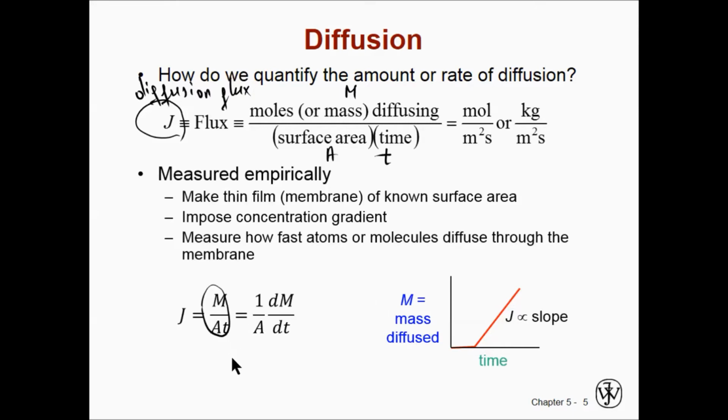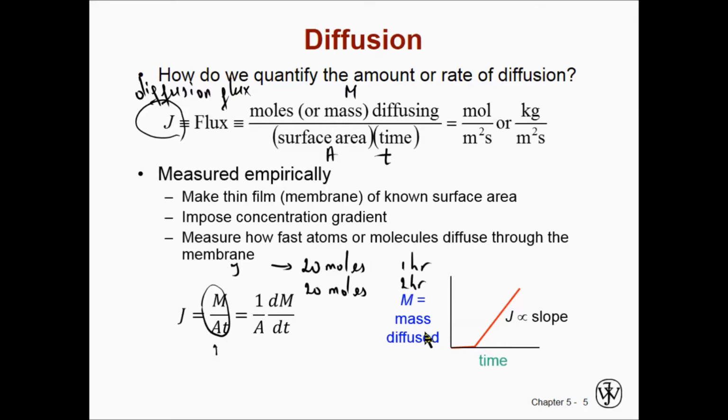If I can diffuse 20 moles of material in 1 hour, or I can diffuse 20 moles of material in 2 hours, which one will be faster? This one. That's what diffusion flux J shows, and area is also important.